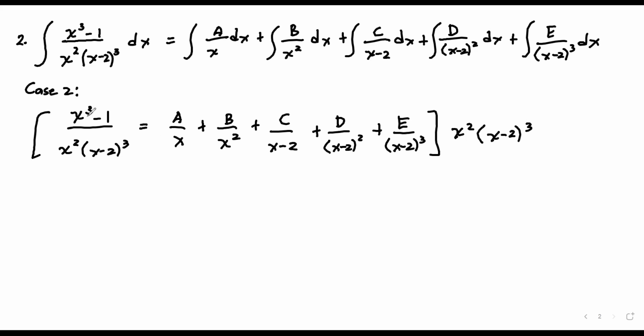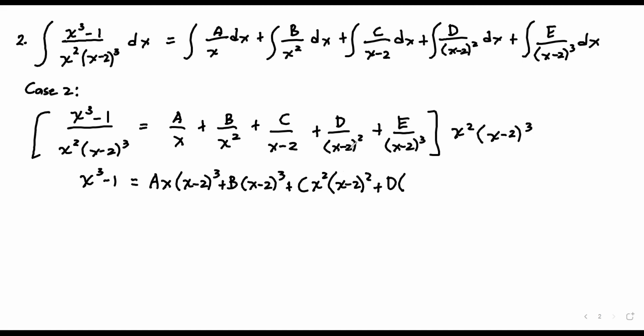Divide by the denominator, multiply by this, which is x cubed minus 1 equals A times, one x remains, so x times the cube of x minus 2, plus B, x squared is removed, leaving the cube of x minus 2, plus C, one x minus 2 is removed, so you will have C x squared times the square of x minus 2, plus D, two x minus 2 factors removed, so you will have x squared and one x minus 2, plus E, the cube of x minus 2 is removed, so you will have x squared.